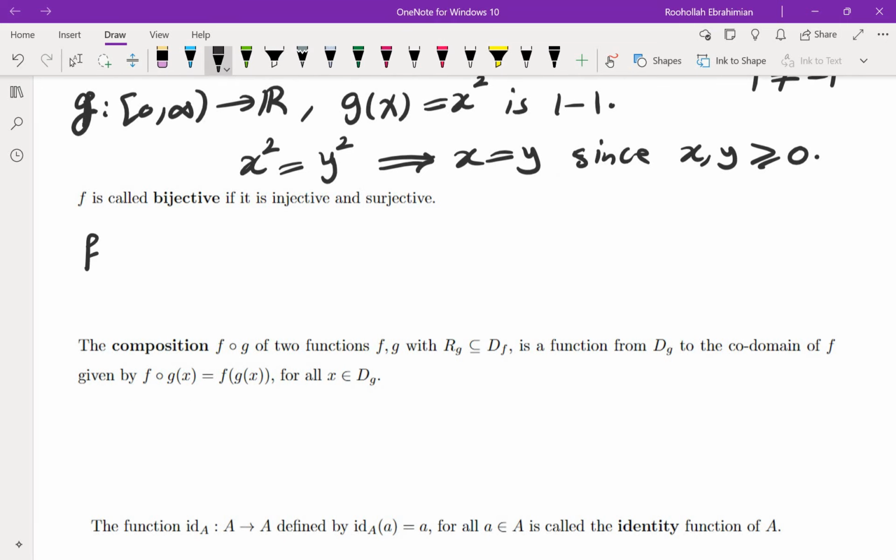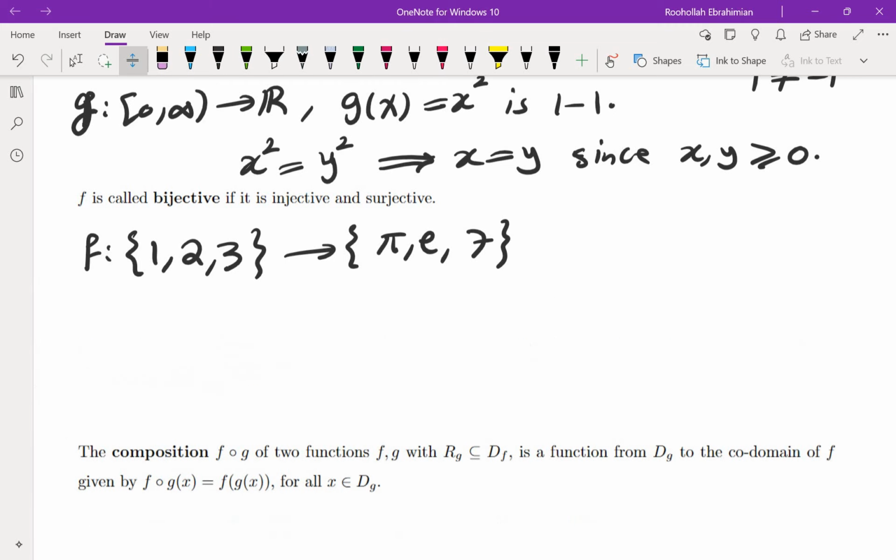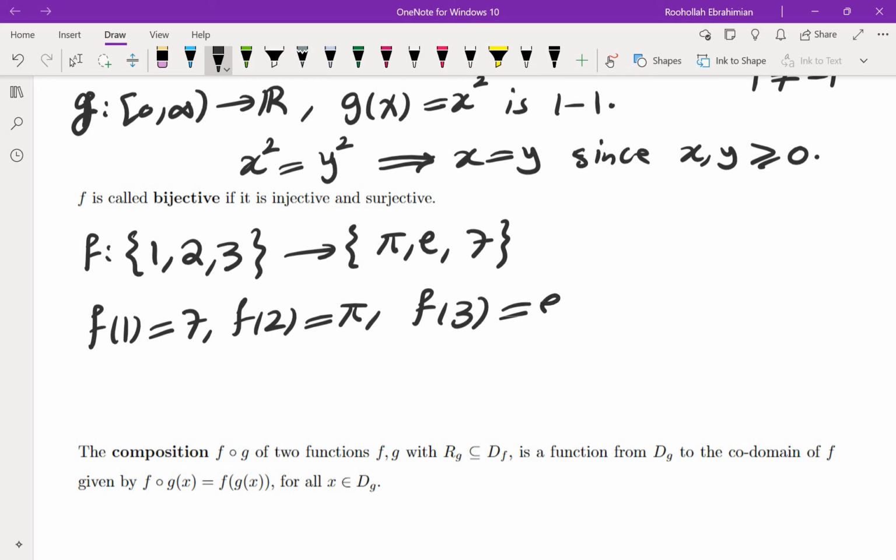So let me give you an example. Let's say you have a function from {1, 2, 3} to {pi, e, 7}. If you define it this way, f(1) = 7, f(2) = pi, and f(3) = e. This is one-to-one because f(1), f(2) and f(3) are all distinct numbers.